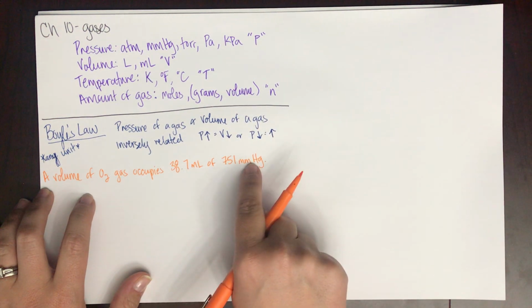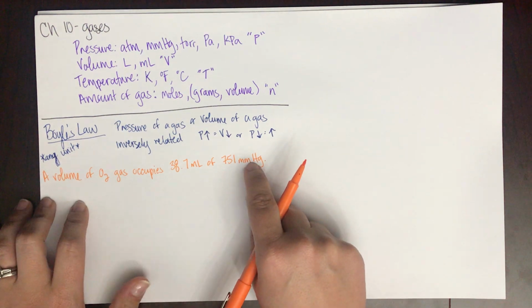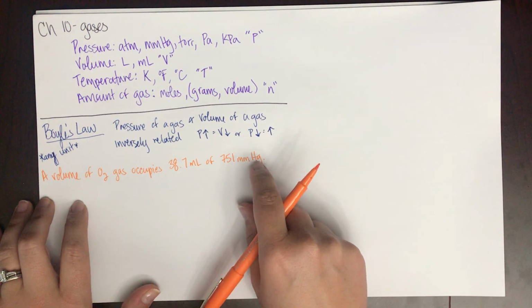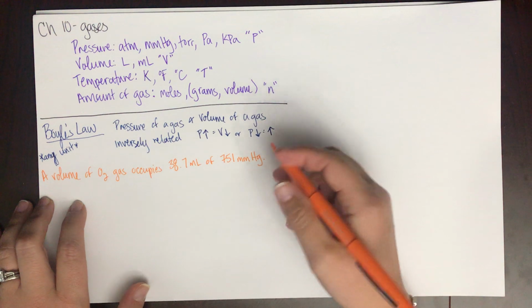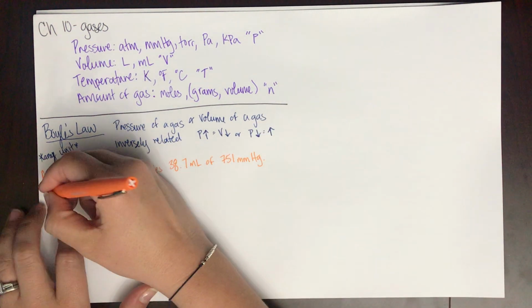So this is the volume and this is the pressure. What is the volume if the pressure changes to 359 millimeters of mercury?